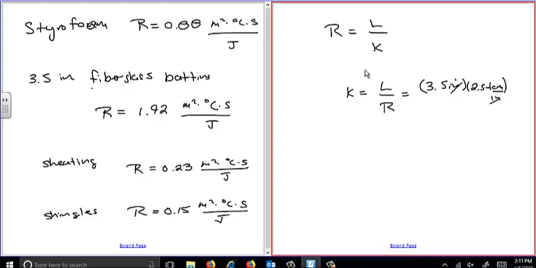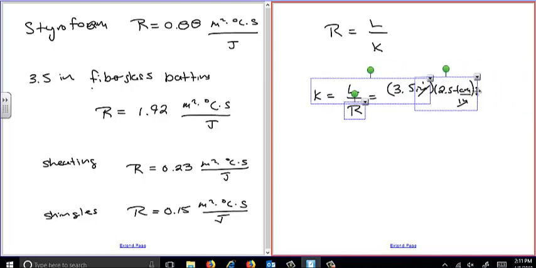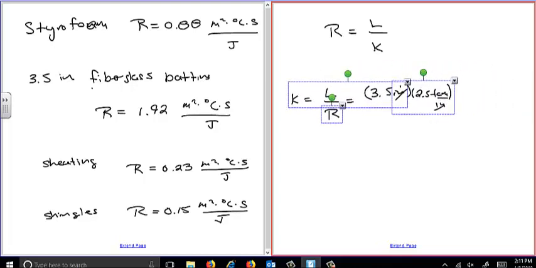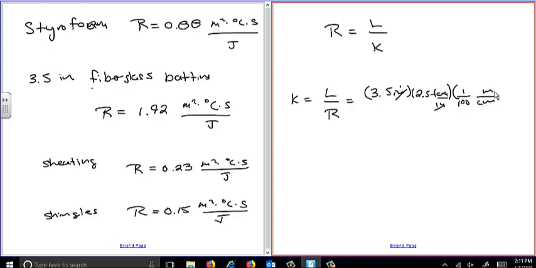Then I would need to convert centimeters to meters, so that's 100 centimeters per 1 meter. And then I divide by the R value, which is 1.92 meters squared, degrees C, seconds per joule.